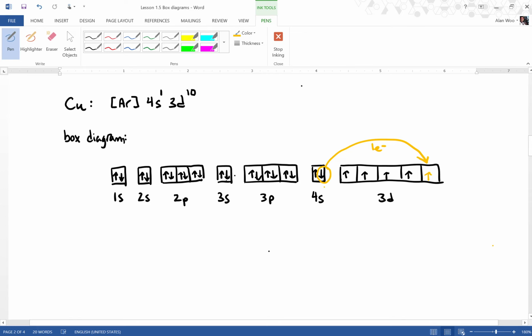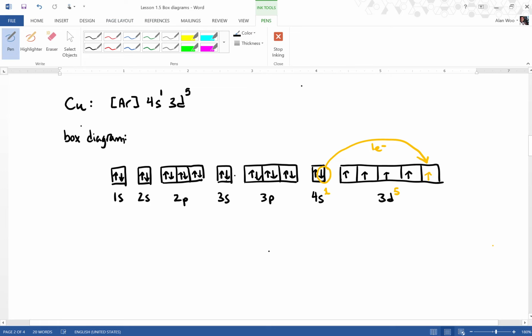So here we have our 4s1. Oops, this should be 3d5, my mistake. Some of you probably have noticed that. If you didn't notice, then that's too bad, but I didn't notice either, so it's all good.